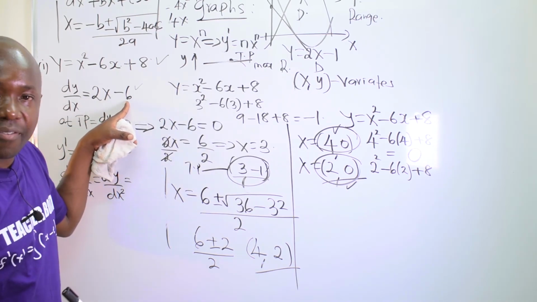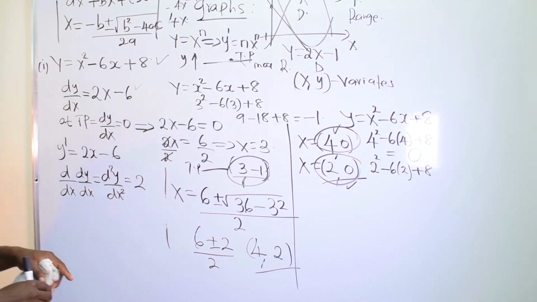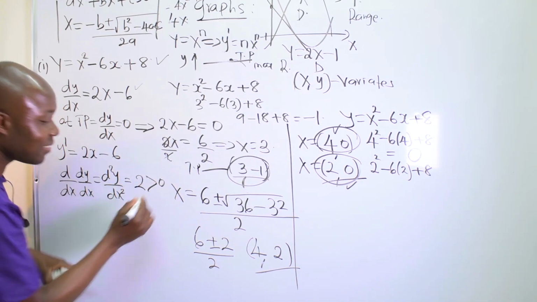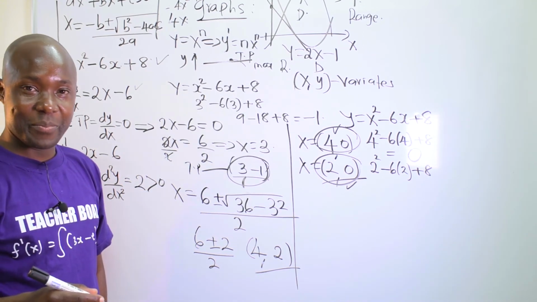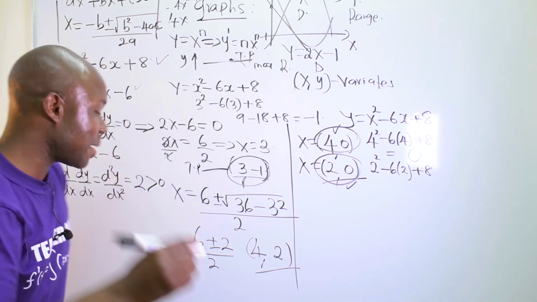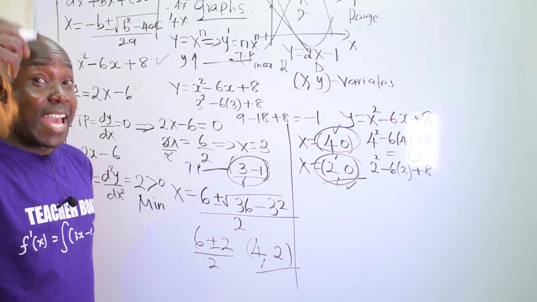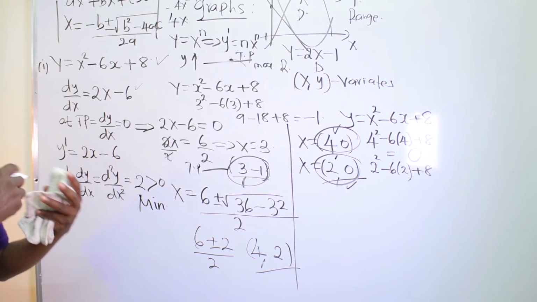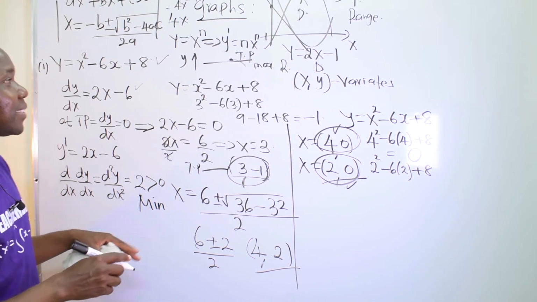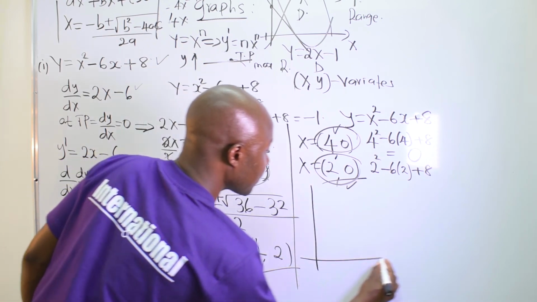The derivative of a constant is 0, so we get a 2. But 2 is greater than 0. That one even in middle school you know. When you get a number greater than 0, it becomes a minimum. You understand? A number greater than 0 is a minimum. But if you were to find a number less than 0, for example a negative, it would have been a maximum.